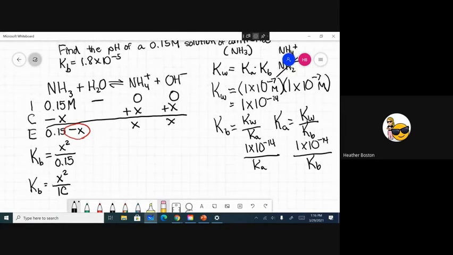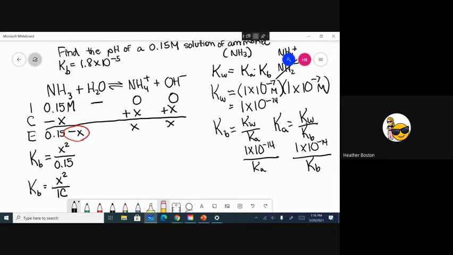The only thing you have to be careful of is, did they give you Ka or Kb? If it's a base and they gave you Ka, you first have to calculate Kb. And obviously we know a good way to check ourselves is if it's a base and you get a pH less than 7, you've made a mistake, right?